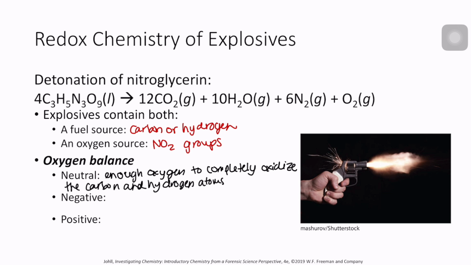So if you're thinking about this in terms of a chemical reaction, this is where your multiple ratio comes into perfect play. I have the exact amount of oxygen that I need to completely oxidize the carbon and the hydrogen atoms.